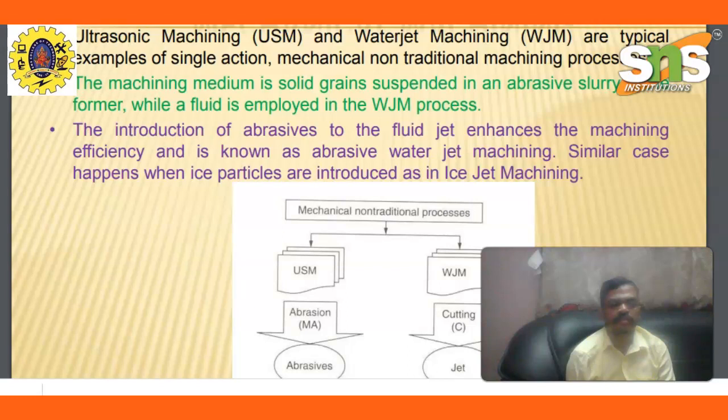The introduction of abrasive to the fluid jet enhances the machining efficiency and is known as abrasive water jet machining. A similar case happens when ice particles are introduced, known as ice jet machining.